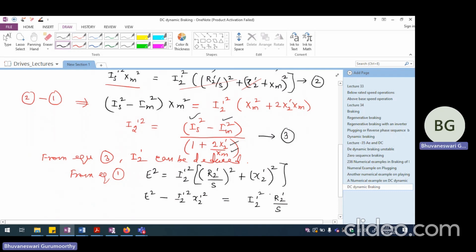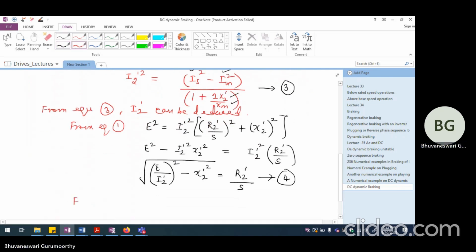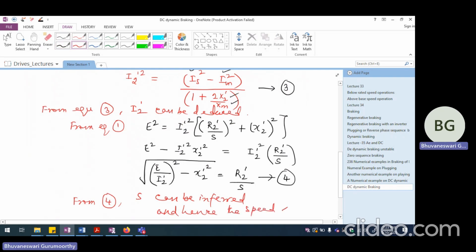So from here, if I know everything, I should be able to calculate R2 dash by S. So I can say E divided by I2 dash whole square, minus X2 dash square, square root of this is R2 dash divided by S. If I call this equation 4, so from 4, S can be inferred, and hence the speed and the torque.